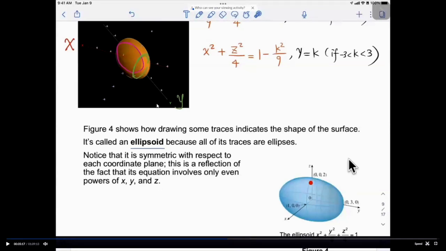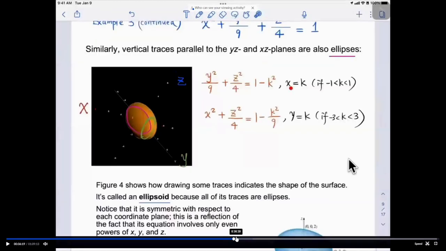Note that it's symmetric with respect to each coordinate plane because the equation involves only even powers of x, y, and z. I kind of like this name, ellipsoid. All right. Question?